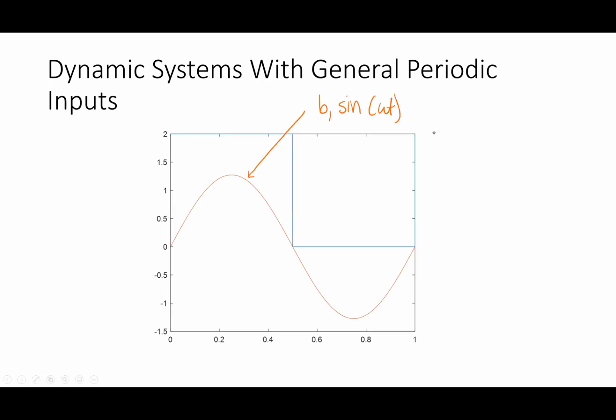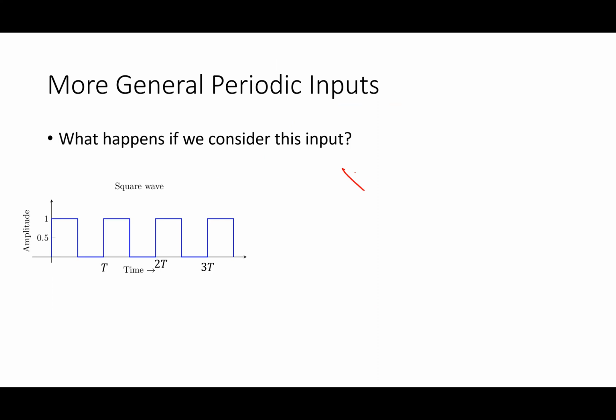Yeah, basically the value now at time little t is equal to the value at t plus big T. And technically it's equal to the value at little t plus 2T and little t plus 3T, right? But this is our definition of a repeating waveform, if it repeats with the period T.